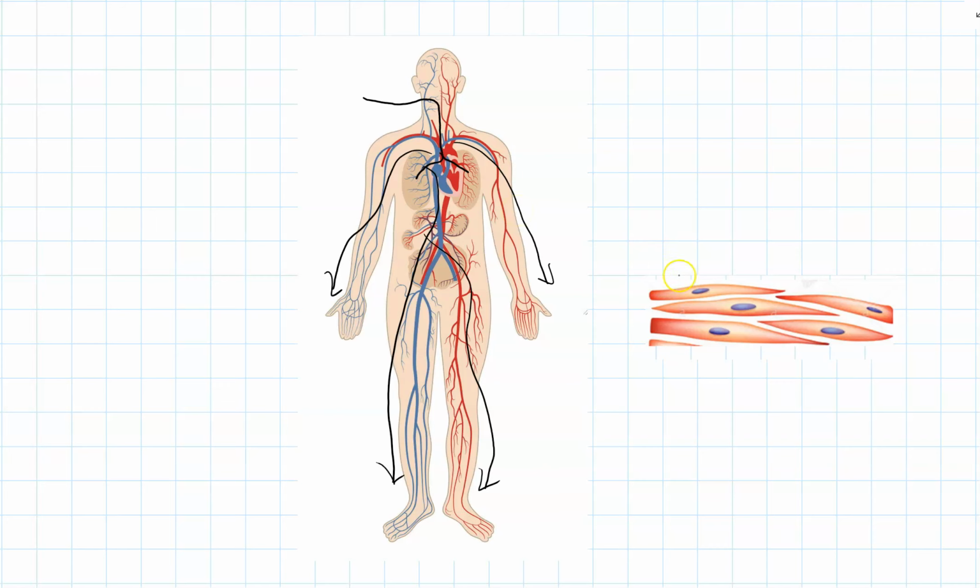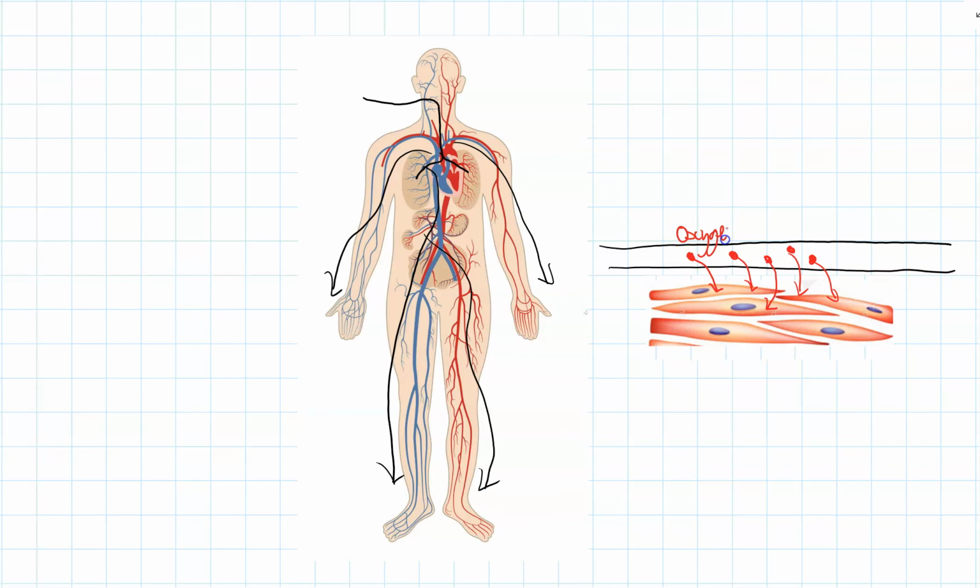Here's an example of some cells, with a blood vessel running alongside those cells. We have lots and lots of oxygen molecules, and the oxygen molecules can come out of the blood vessel and into the cells, ready for them to do cellular respiration. At the same time, they're releasing carbon dioxide as a waste.